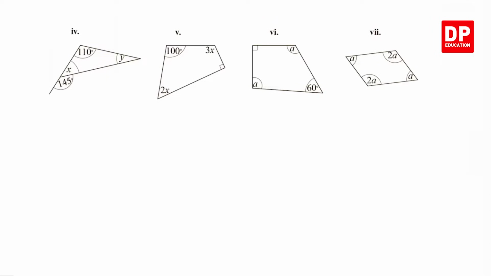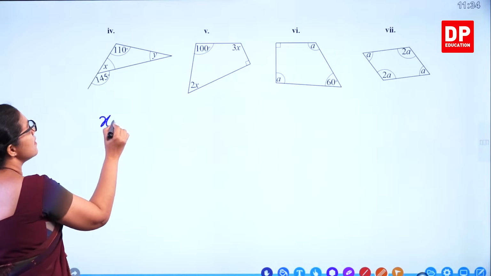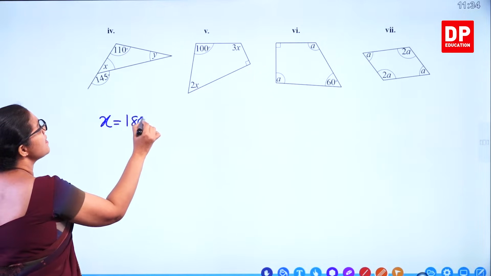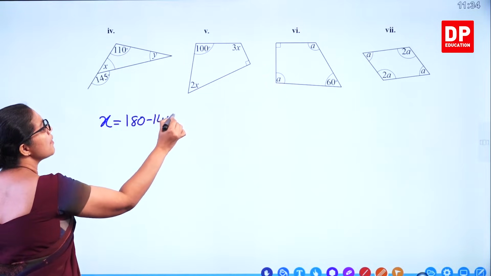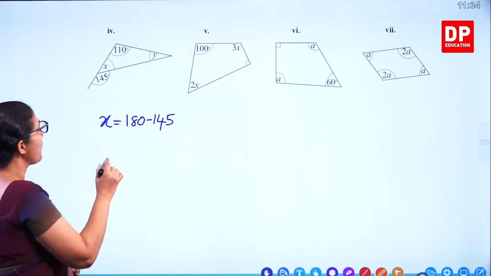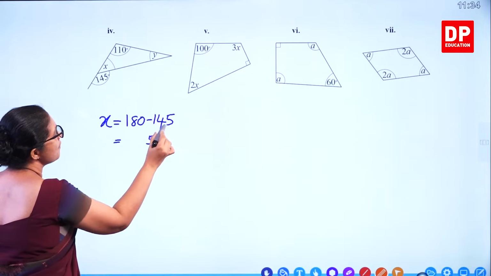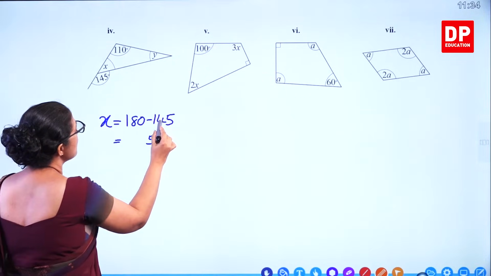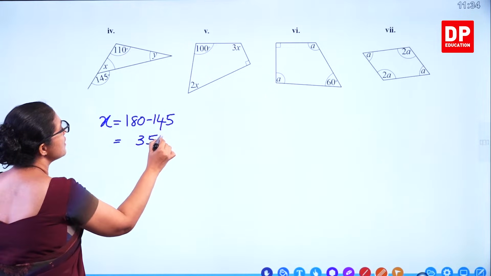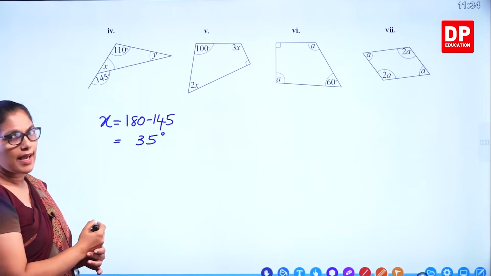This one, you can find x using 180 minus 145 because it's a straight angle. So 35 degrees. That's x.